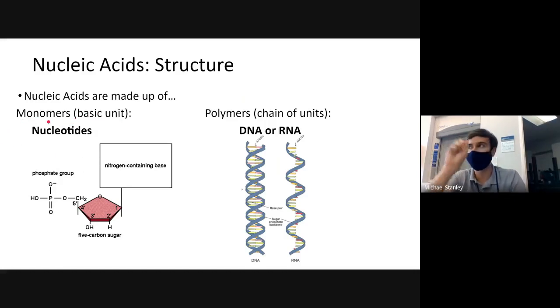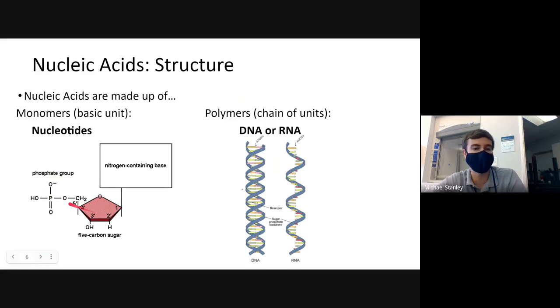Mono means like one or singular, and it's like a prefix for that. So monomers are little individual pieces in DNA. They're called nucleotides. And if you put thousands or millions of nucleotides together, you could get one strand of DNA.